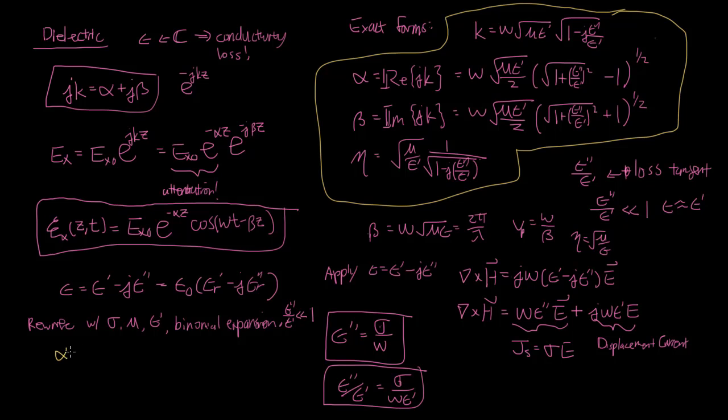You end up with the following approximations. So you can write alpha as being approximately equal to sigma over 2 times the square root of mu over epsilon prime. Beta is going to be approximately equal to omega root mu epsilon prime times 1 plus 1 over 8 sigma over omega epsilon squared.